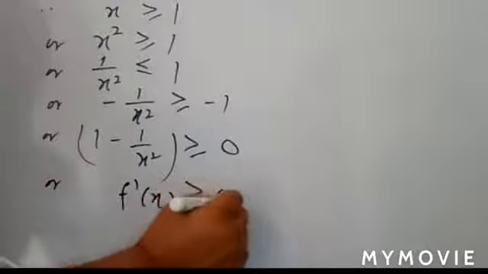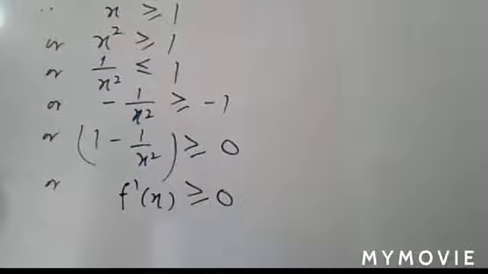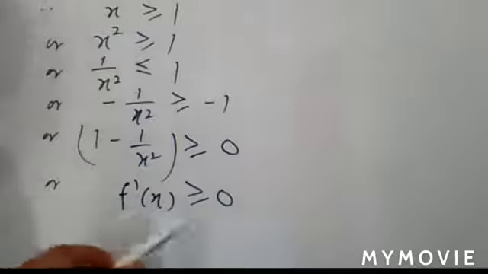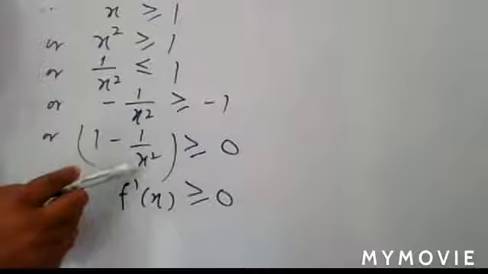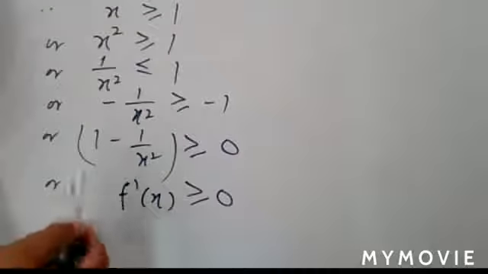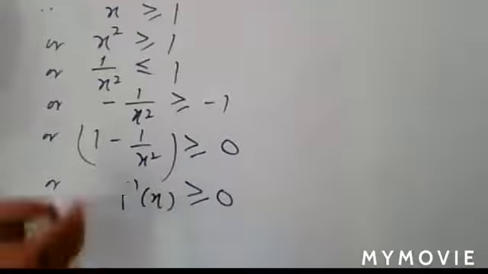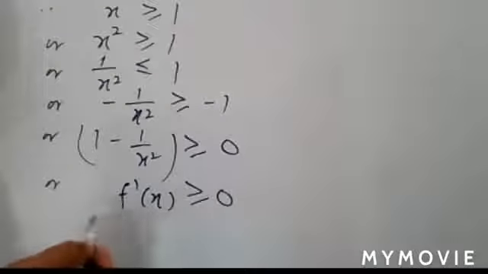So f dash x is greater than or equal to 0. Now just correlate the concept which you have. Here you see that the value of f dash x is greater than 0, but if you put x equal to 1, your derivative becomes 0.